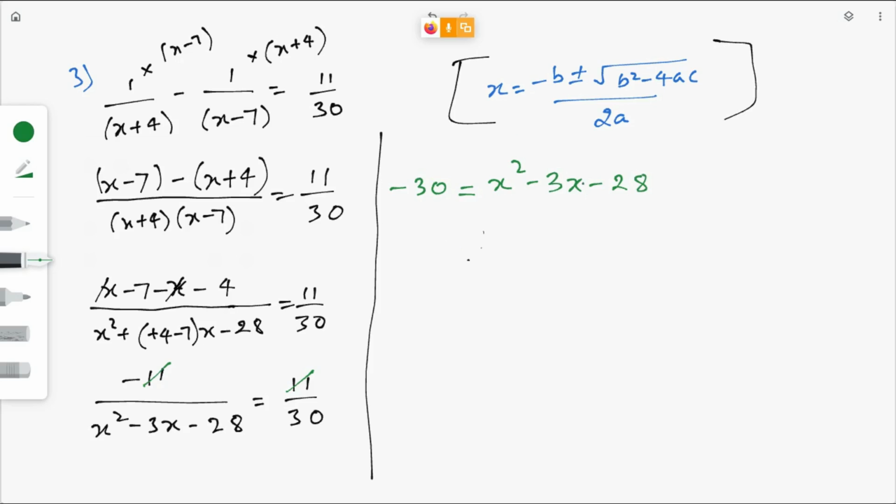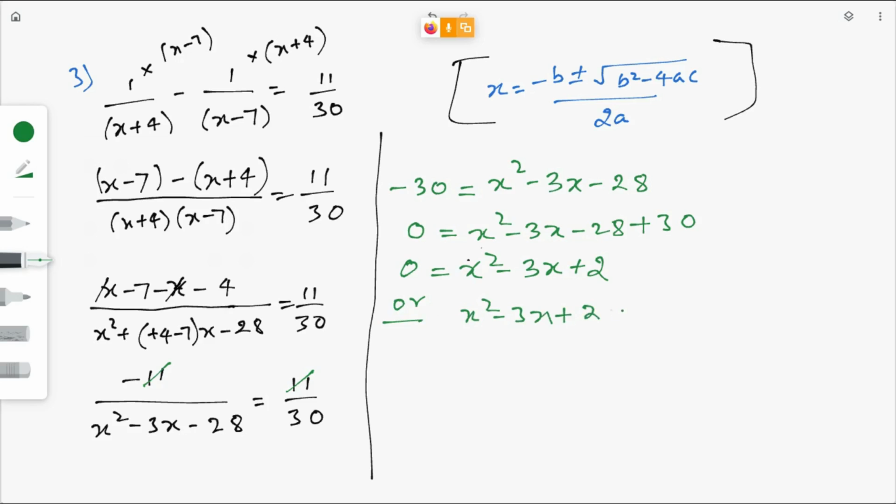Now take this minus 30 this side, then you will get 0 is equal to x square minus 3x minus 28 plus 30, which is 0 is equal to x square minus 3x plus 2, or you can write it as x square minus 3x plus 2 is equal to 0. Fine. So this is the quadratic equation in standard form.